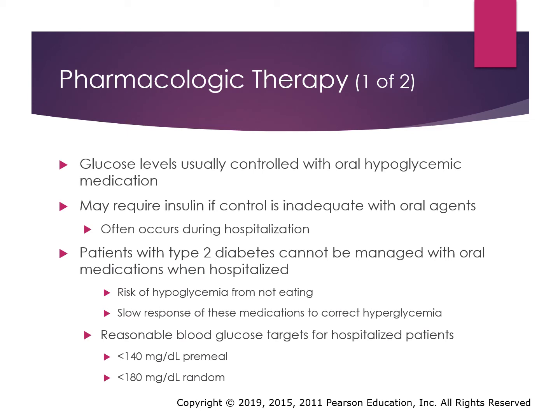Some of the pharmacological therapies: patients are usually able to control glucose levels with an oral hypoglycemic medication, but they may require insulin at some point. Patients with type 2 diabetes cannot be treated with oral medications during hospitalization because of the risk of hypoglycemia from not eating and the slow response of these medications to correct hyperglycemia. So they may need something IV to get it corrected.